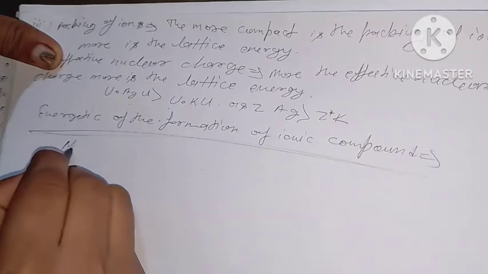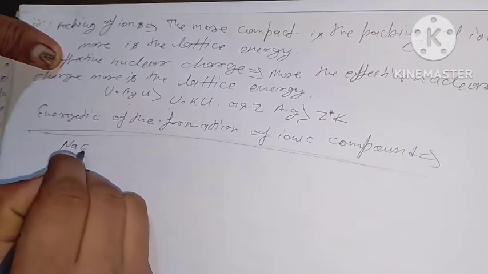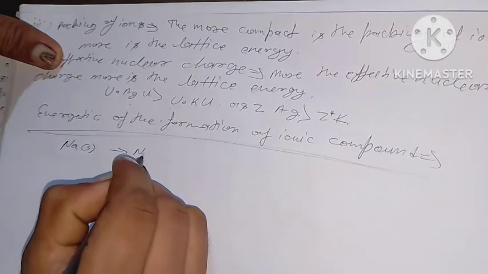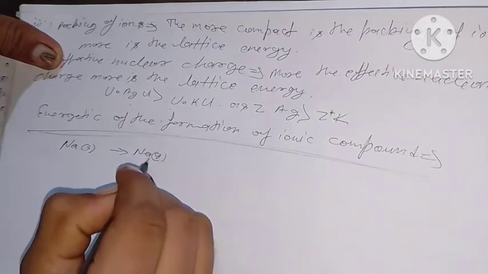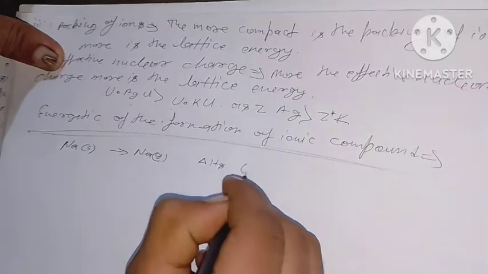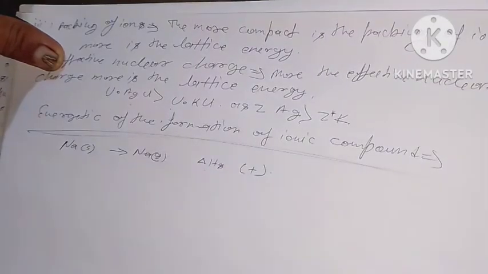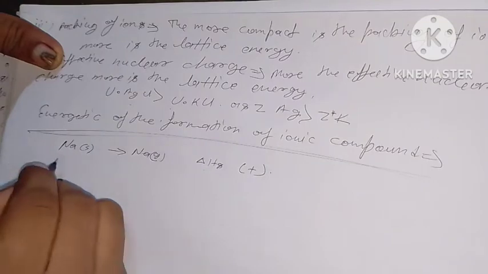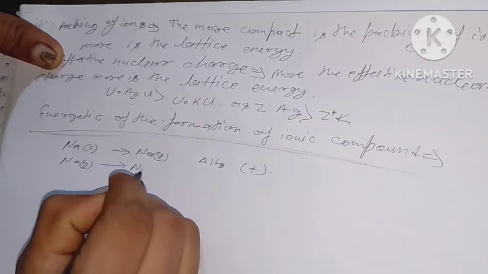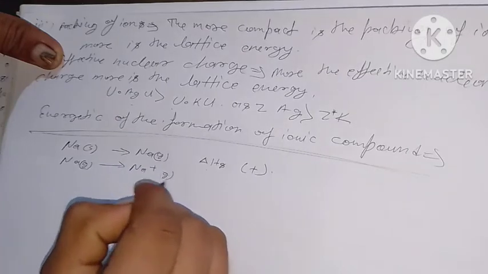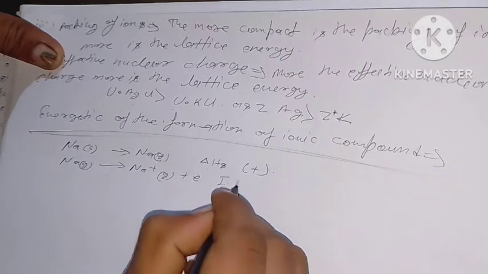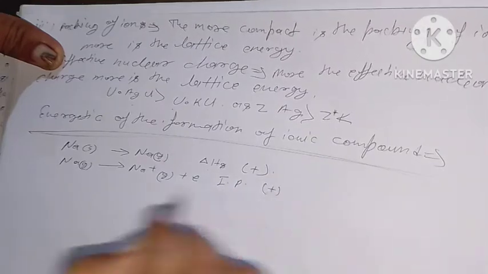Sodium in solid state goes to sodium in gaseous state, delta HS positive. Sodium gaseous state goes to Na positive ion in gaseous state plus electron, that is ionization potential, positive.